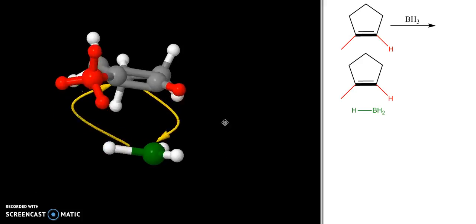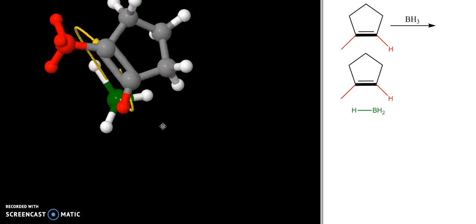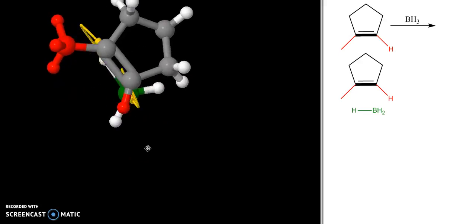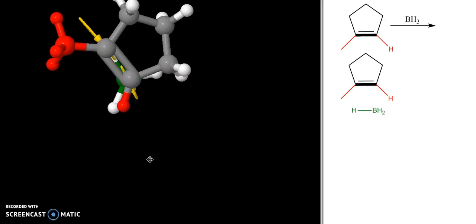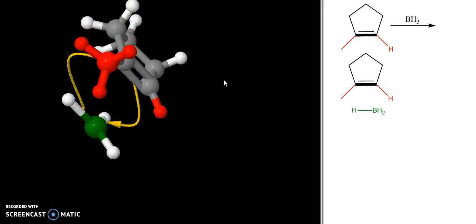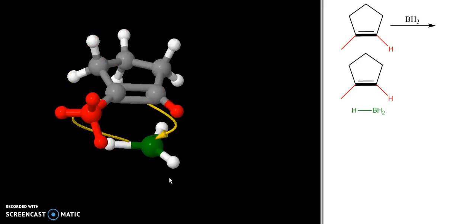And in this model you can see that the boron, I've got colored green, and the hydrogen on it there, is lined up underneath my alkene, and if I rotate this, you can see that the methyl group here takes up more space than the hydrogen here, and I've color-coded my substituents on my alkene red in both pictures so that we can keep track of them. So the methyl group takes up more space than this hydrogen, so it's better to have the smaller hydrogen here on the side of the more crowded methyl group.